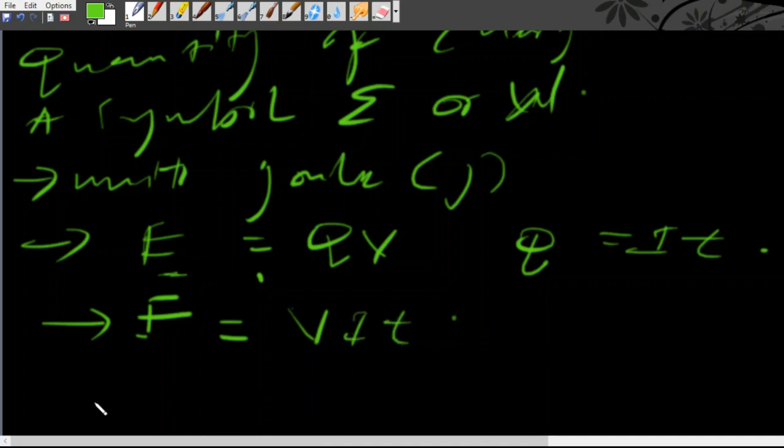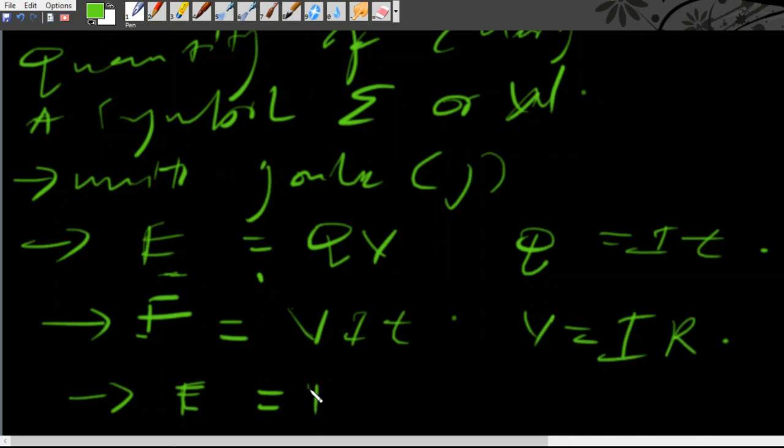In some cases, we can also say E is equal to, here we can break down V. We know that V is defined as current multiplied by resistance.